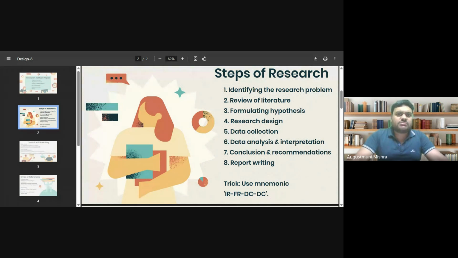As an investigator, you are observing the people, the actions, the situation, without asking the respondent, maybe the participants and all. On the basis of that, you have different types of observation. First one is structured, another one is unstructured, third one is participant observation, fourth one is non-participant observation, and fifth one is disguised observation.